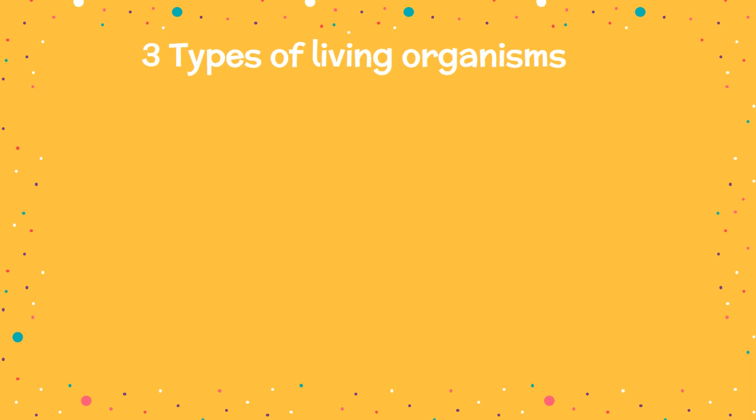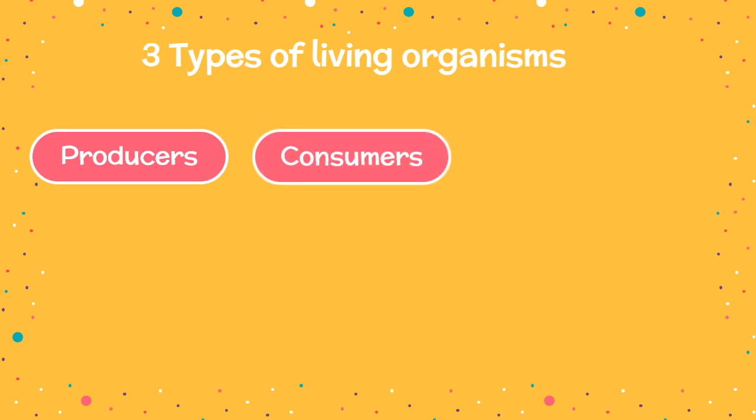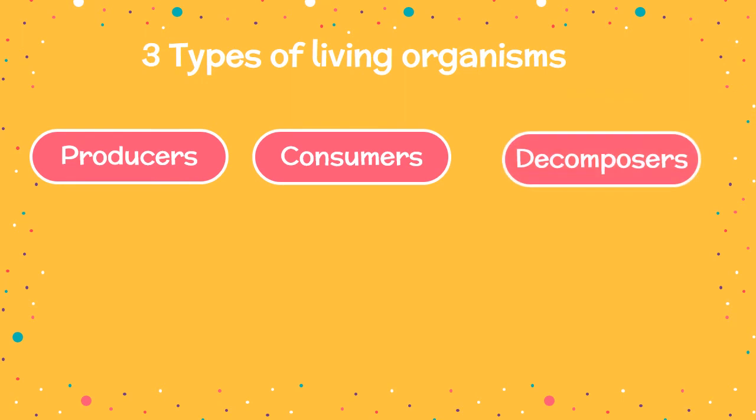So we have three types of living organisms. Number 1, producers. Number 2, consumers. Number 3, decomposers. Producers, they are living organisms that can make their own food as plants.